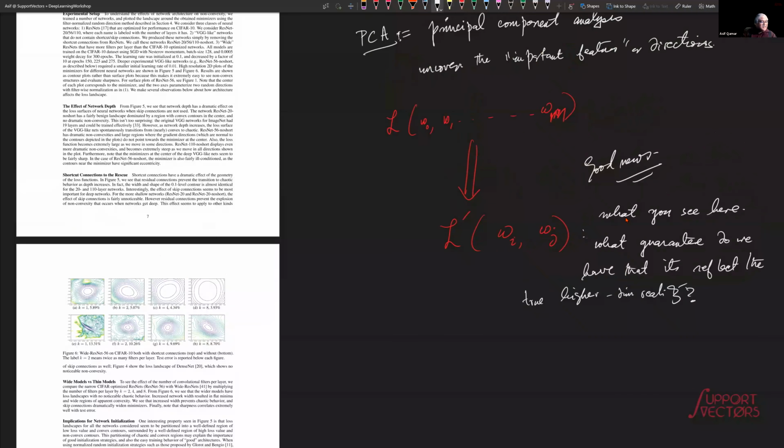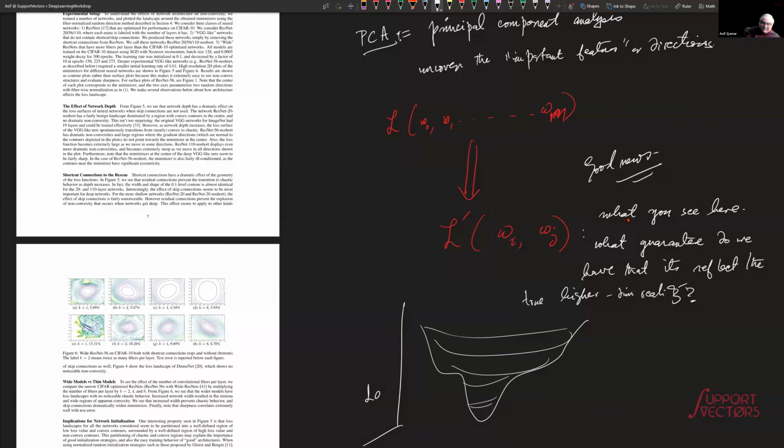Now let's look at some pictures and identify things. When you look at a loss surface, if this is your loss direction, and these are your points, what are these curves that you see?